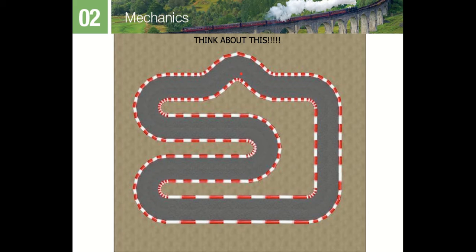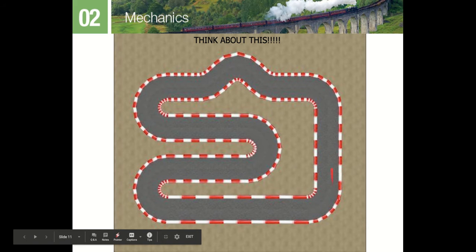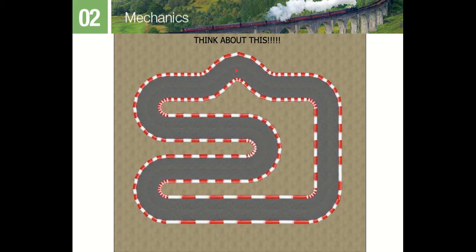Well, my speed is 100 divided by 10. So my speed is 10 meters per second. That would be my average speed all the way around this. What would be my average velocity though? Velocity is displacement, right?